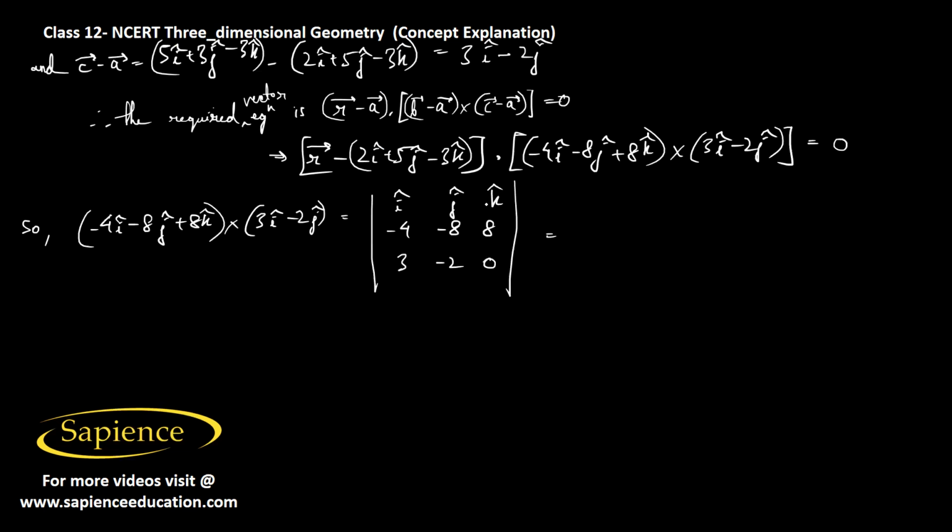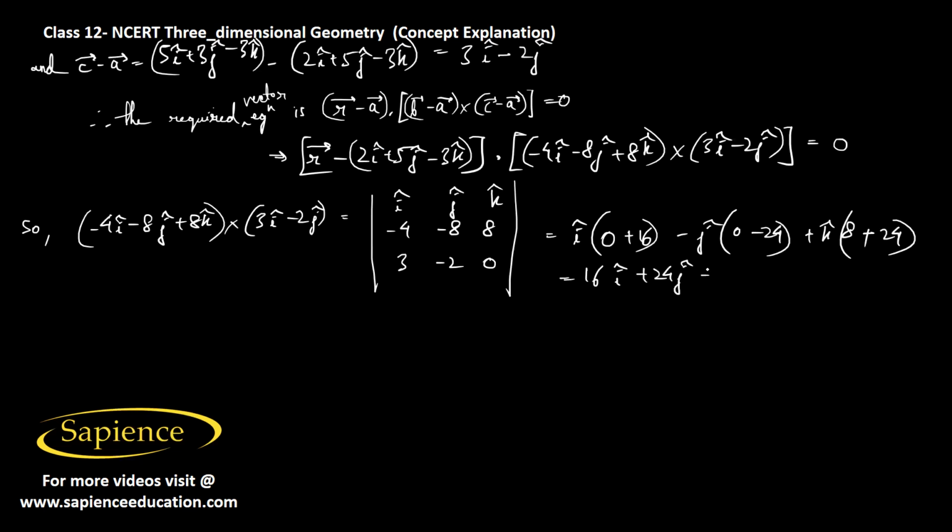If we expand this determinant along the first row, then we will get i cap into 0 minus of minus 16, so it is plus 16. Then minus j cap into 0 minus 24. Then plus k cap into 8 plus 24. So this would be 16i cap plus 24j cap plus 32k cap.